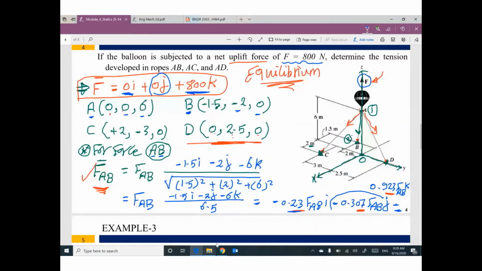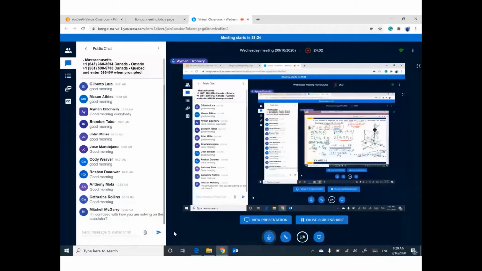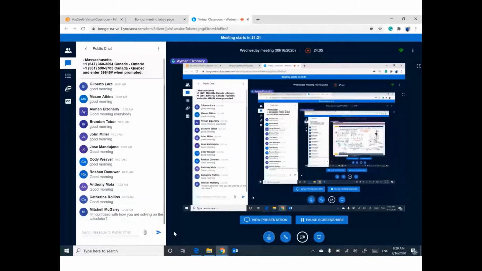Any question? I am confused with how you are solving. For me, I started to learn how to solve this equation probably 1 year ago. This is the first time for me to use my calculator because I have an advanced calculator.